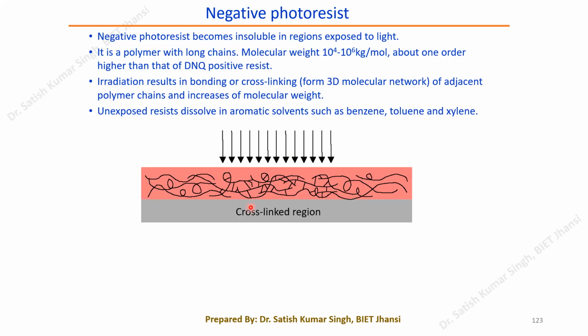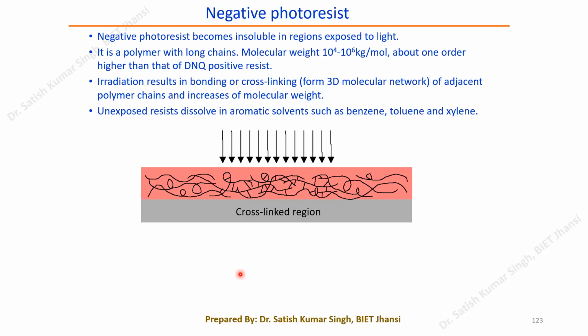But in the case of negative photoresist, there is a formation of bonds, or cross-linking of the bonds, and because of that the exposed region will become hard. When you apply the developer, the unexposed part will be removed, dissolved into the solvent.